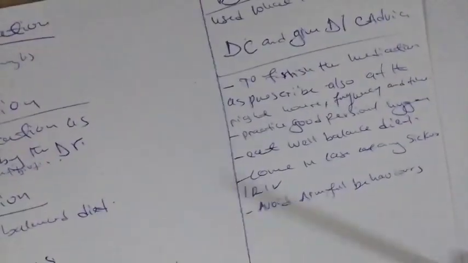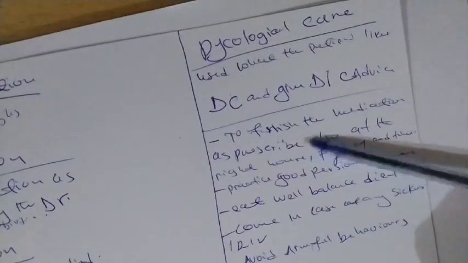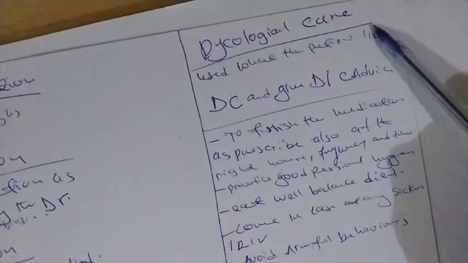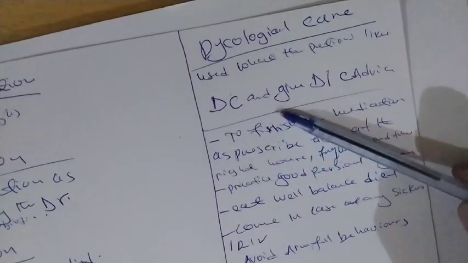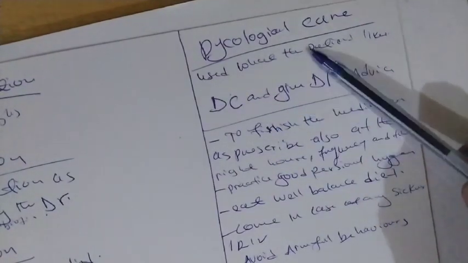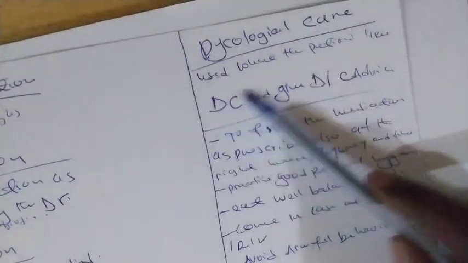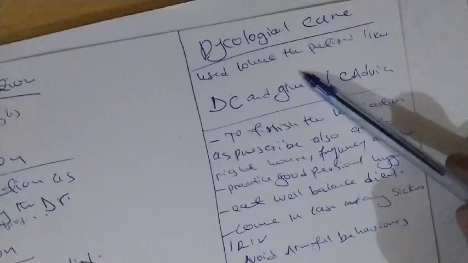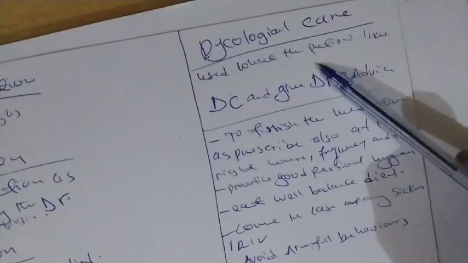And then after, we are going to do the psychological care for the patient. This one we use what the patient likes. If the patient likes reading books, we give them books, novels, stories. And if the patient likes watching, we encourage them to watch television, news, depending on what the patients like.